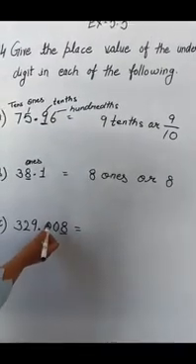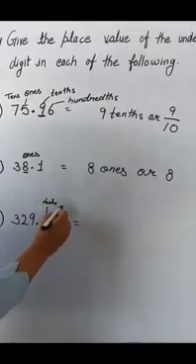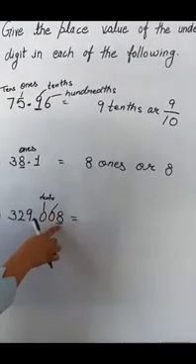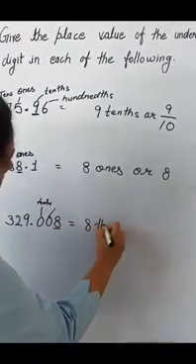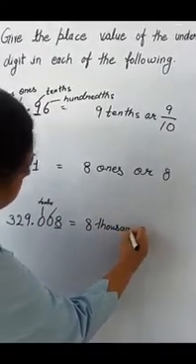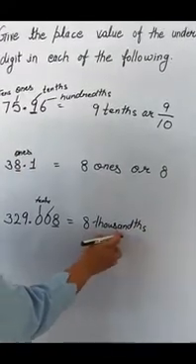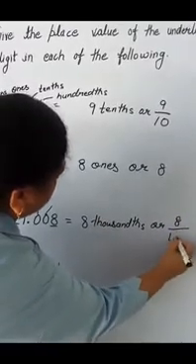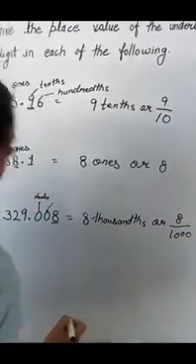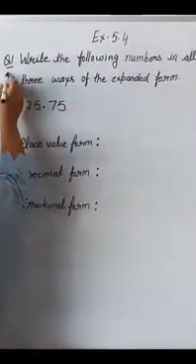Now it is the tenths place, after this the hundredths place, then the thousandths place. So 8 is on the thousandths place. So we will write 8 thousandth, or 8 by 1000.